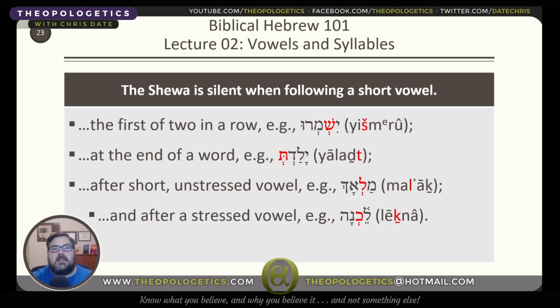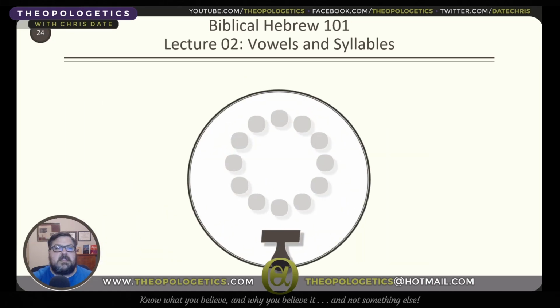So this word is lechna, and notice it's not le-chna, it's lech-na. And that long vowel sound, a, that tsere, as you will learn, is long, but the syllable is stressed, and so therefore the shva under the kaf is silent. Lech-na, rather than le-chna. All right? So that's the rules around the shva.